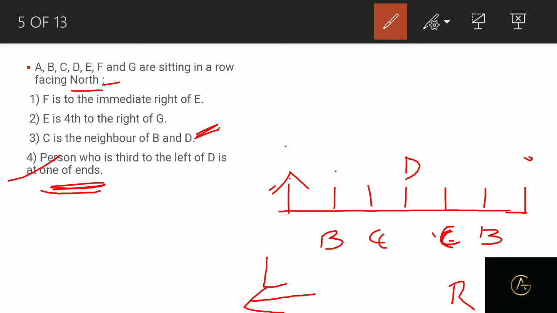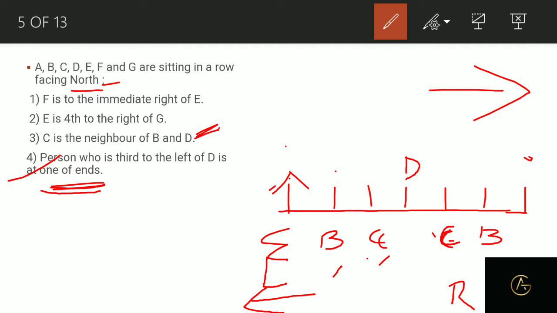What does the second point say? E is 4th to the right of G. Right is this way. If B is here, C is here, E can be here, suppose, right?